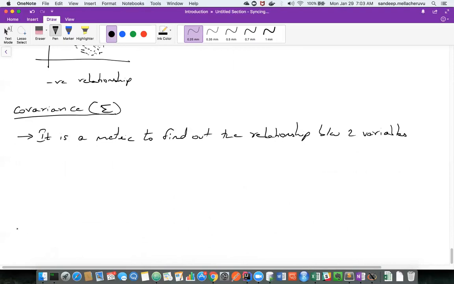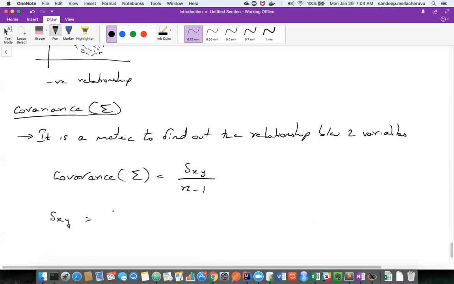And what is the formula for covariance? Covariance, sigma, is given by a simple formula. It is nothing but Sxy by n minus 1. Now what is Sxy?